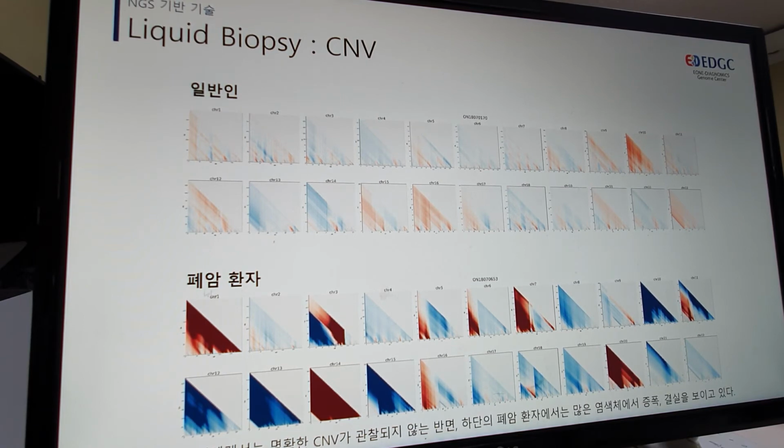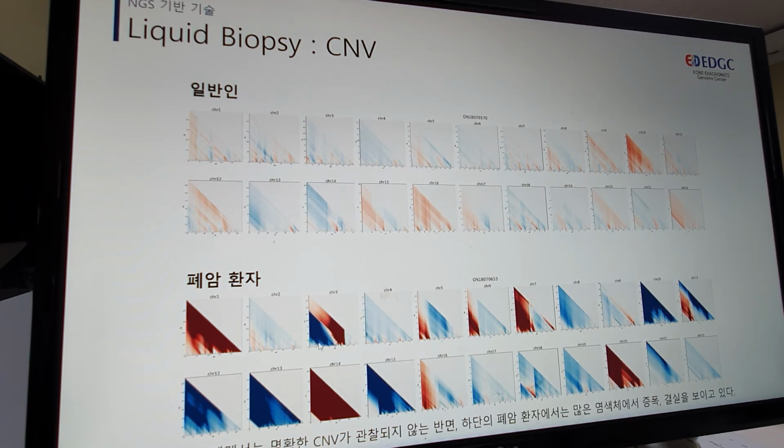So in this sample, this is a lung cancer sample. The red means there is a high number of copies, and this light color looks like normal. But in this chromosome 3, the upper part, the front part, is missing.